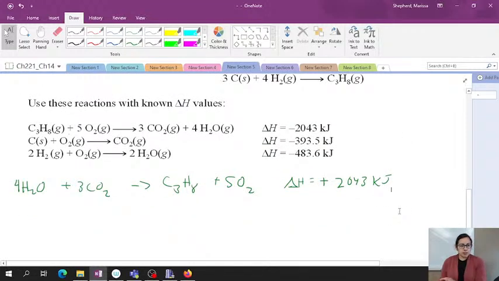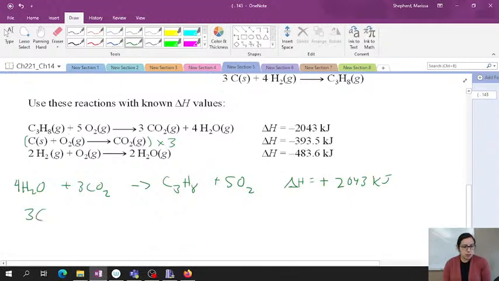And so let's see what else we could do. So I need carbons, and I need 3 of them though. So what if, again, I'm not sure, I multiply this by 3. And let's see if that helps us.